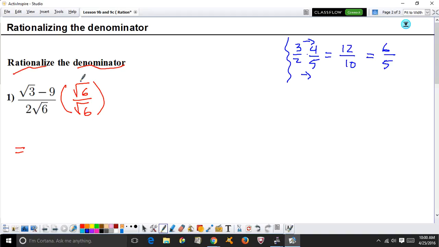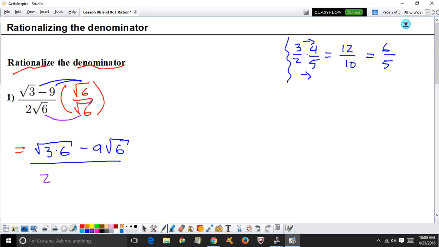We multiply the top with the top and the bottom with the bottom. From our previous lesson, we have 3 times square root of x inside, minus 9 square root of 6, because when you multiply two square roots, you multiply the inside. If you multiply by a number, you just put them next to each other. So that's it for the numerator. Now for the denominator, the 2 stays out.